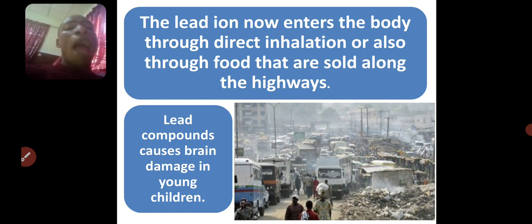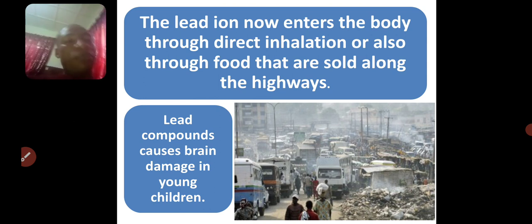And apart from that, those that are not even dropping on top of food, you can inhale them directly into your blood system, and through that people get poisoned. You call it lead poisoning. Lead poisoning causes damage to the central nervous system. It causes brain damage in human beings, majorly in young children.